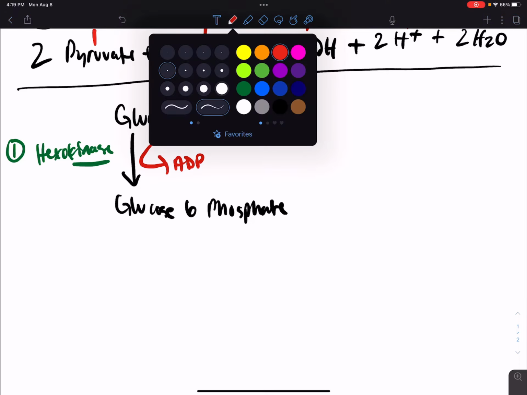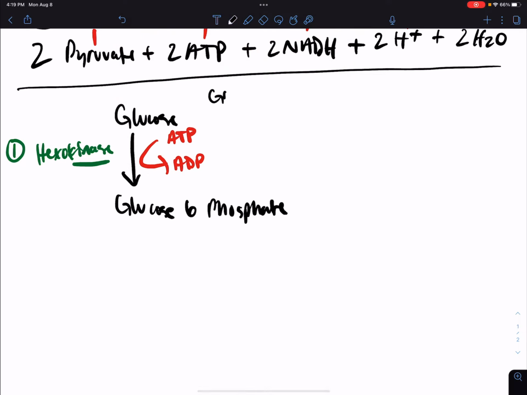The reason for that is we have a number of GLUT receptors or transporters throughout the body, and GLUT just stands for glucose transporter. They bring glucose in from outside the cell, and if that glucose does not get phosphorylated, there's nothing stopping it from bouncing straight back out through that GLUT transporter. So the phosphorylation of glucose traps it in the cell so that we can lyse it, break it down, and utilize it.